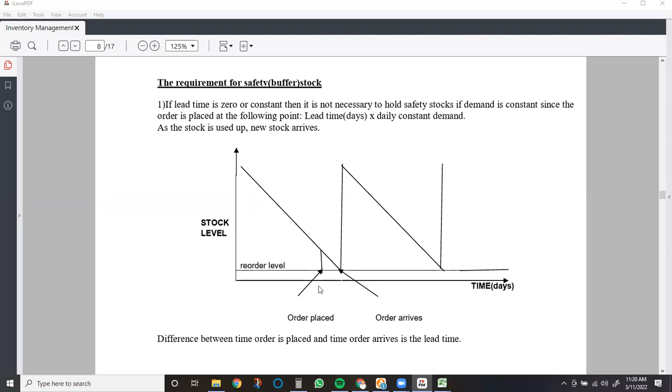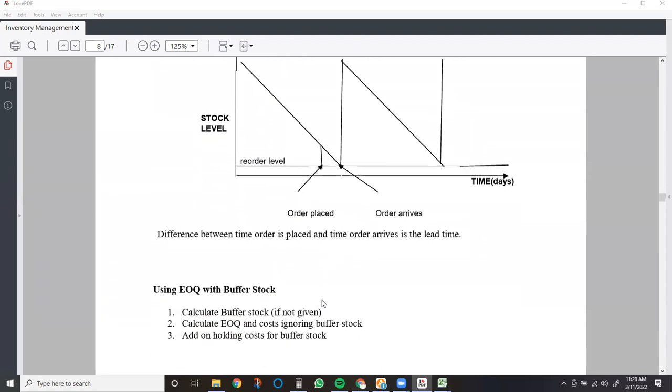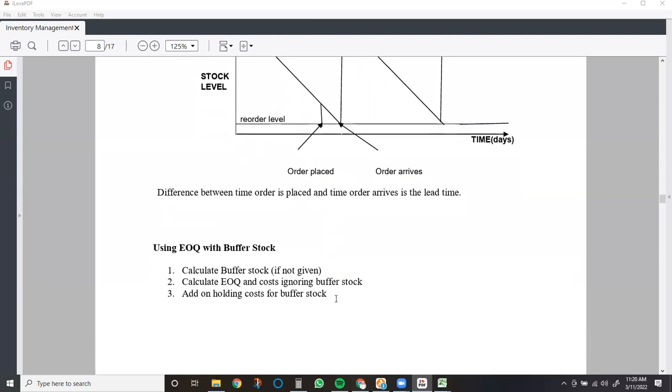You have here the difference between the time the order is placed and when it arrives, okay, which is the lead time, which would be maybe 3 days, 4 days, what have you, okay? Now, more importantly, you're not going to be asked to draw a diagram, but as I've been saying, he could give you one and you may be asked to see what certain things are.